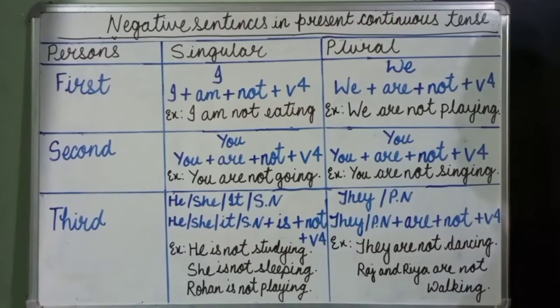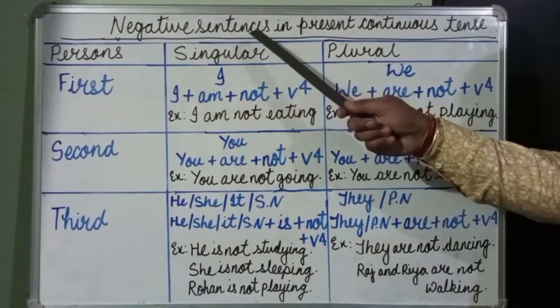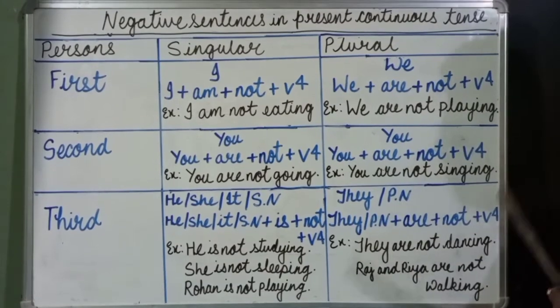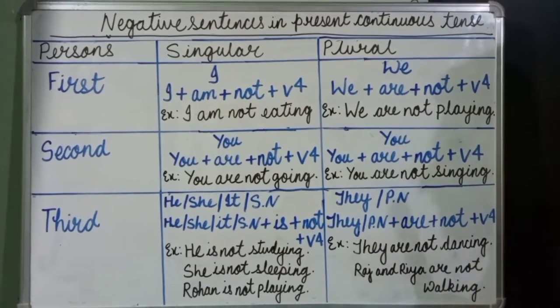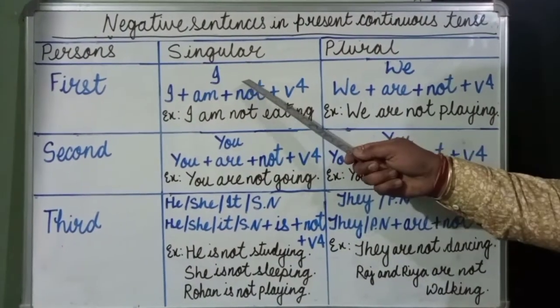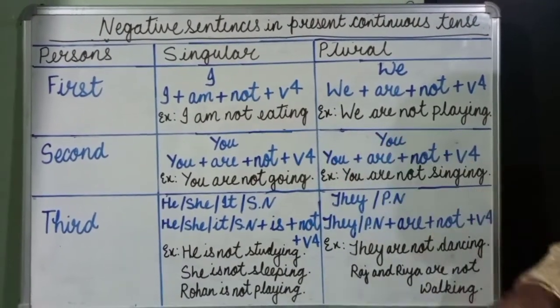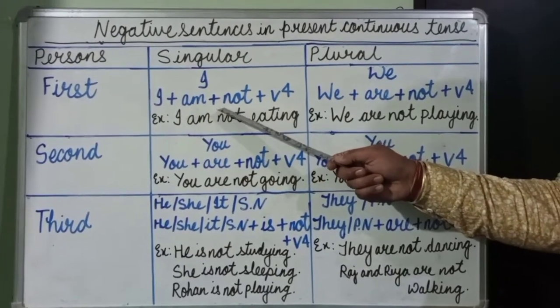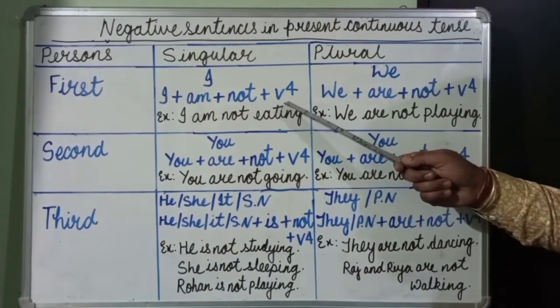Now let us see how to make negative sentences in present continuous tense. So for making negative sentences in present continuous tense, here also we have to follow certain very simple rules. For first person singular, that is I, the rule is I plus am plus not plus the fourth form of verb.